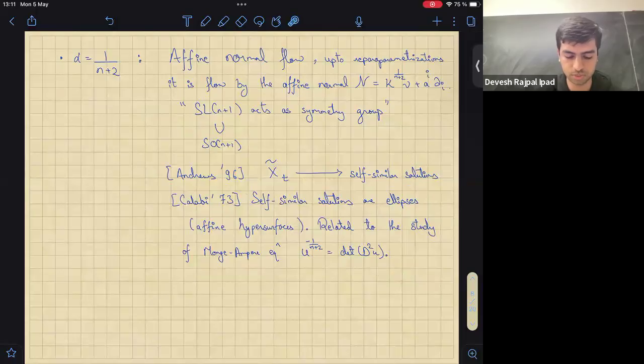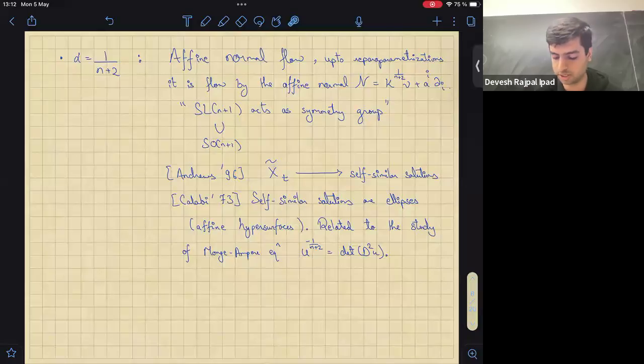For alpha equals 1 over n plus 2, this is also known as the affine normal flow, because up to a reparametrization, this is the same as the flow by this vector, k raised to 1 over n plus 2 times nu plus some other components in the tangential direction.